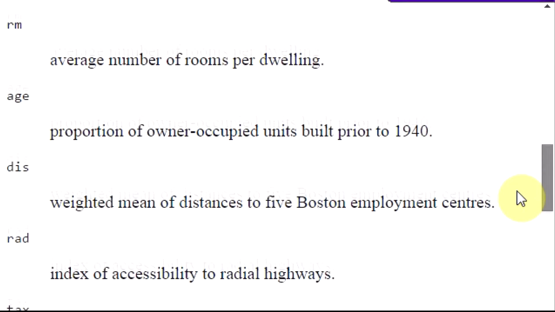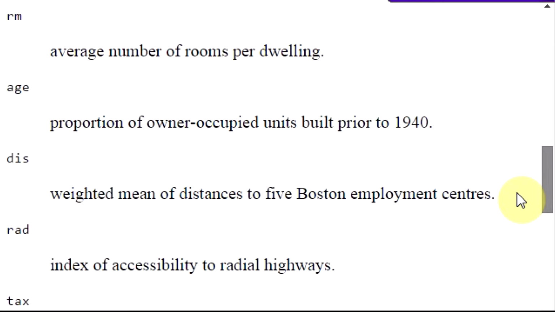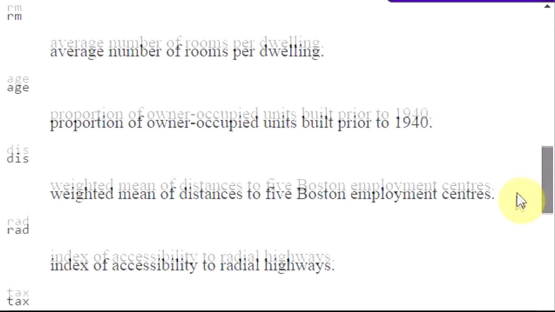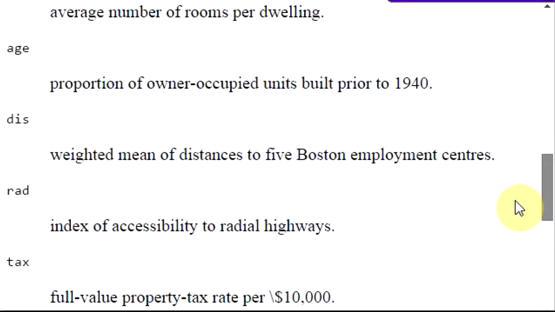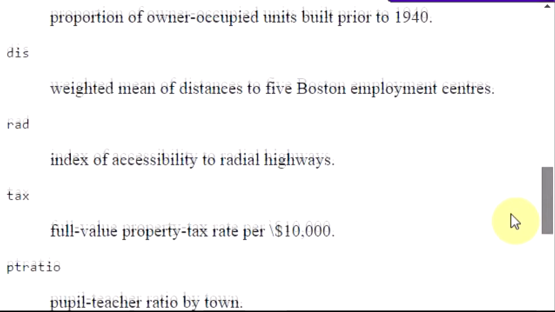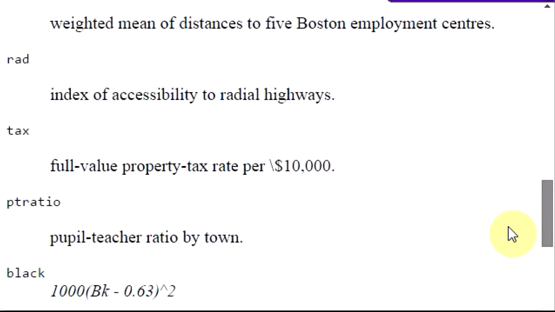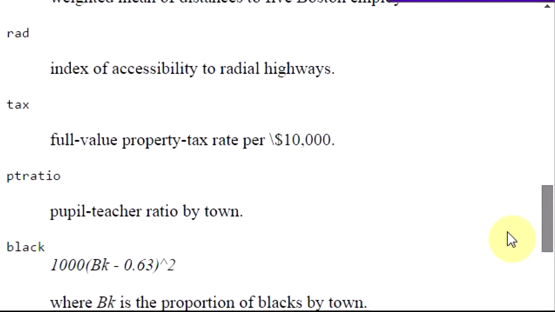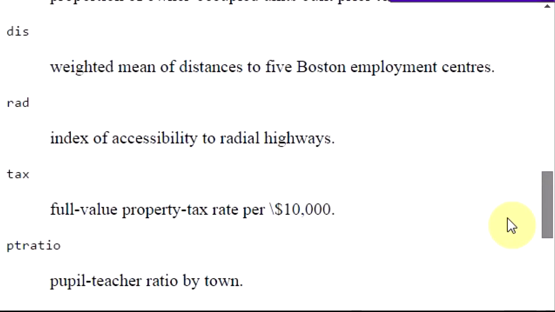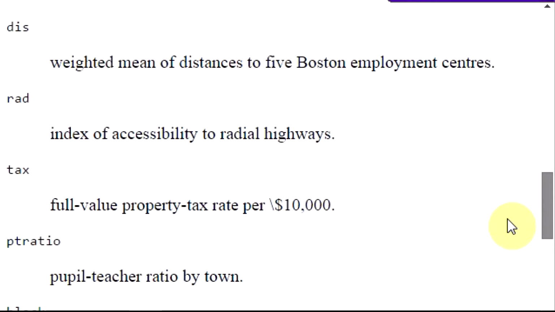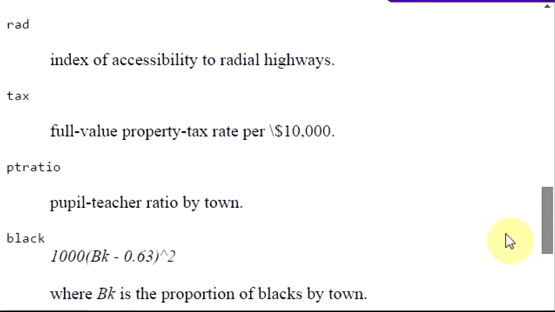DIS is mean of distance to 5 Boston employment areas. Obviously the closer the distance, the lesser is your commute, which means the better it is and hence the pricier it will be. RAD would be index of accessibility. Remember, you will not get data as clean as this. You will have just the location, then you will have to build in these variables if you are doing your own price calculation.